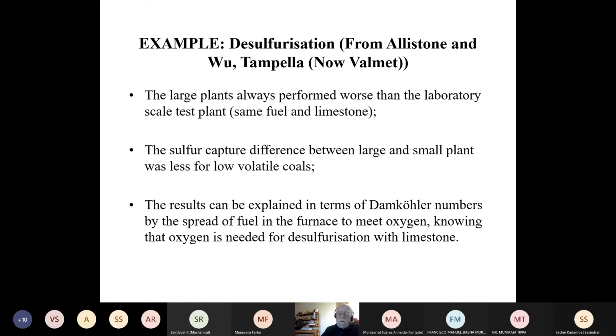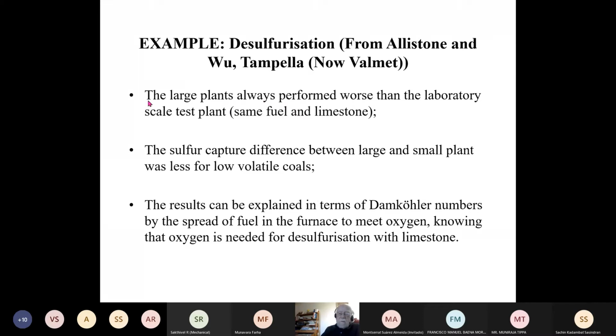And then one of them was used for the proposal to build the boiler. When they later, a year later or so, put the boiler into operation with this limestone, they could check the ability of sulfur capture with this particular limestone.